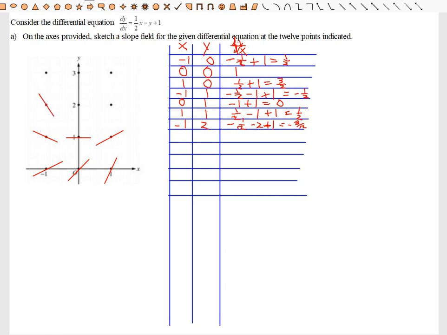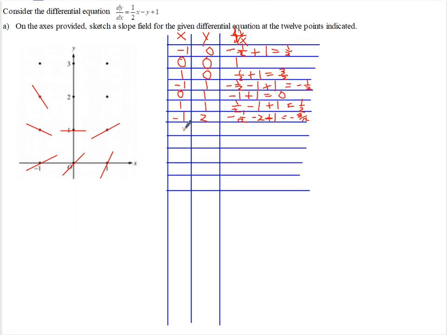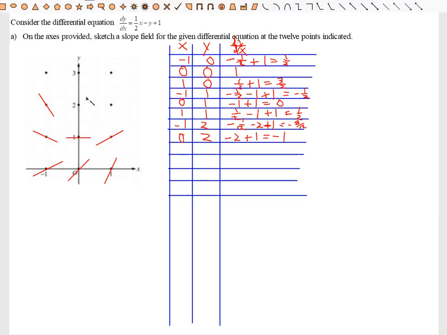Then if we substitute in 0, 2, 0 wipes out the first term, we just end up with -2 plus 1 gives you -1. So that'd be down 1, right 1, headed towards that point.